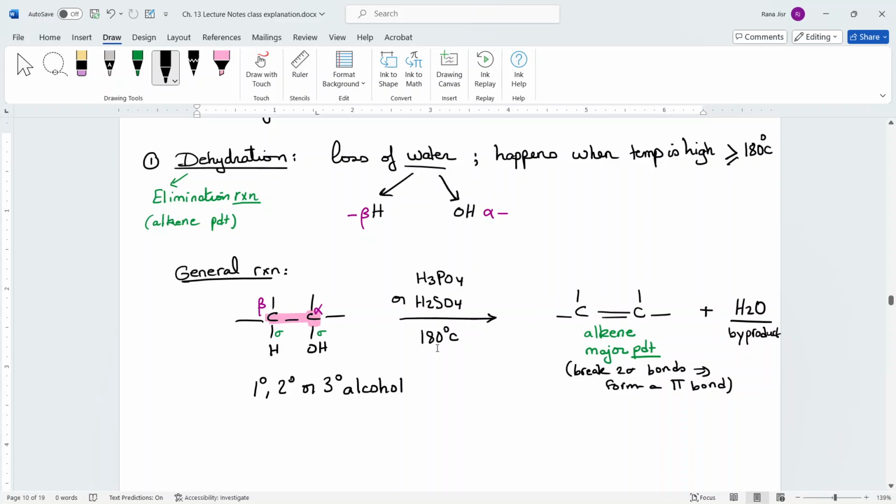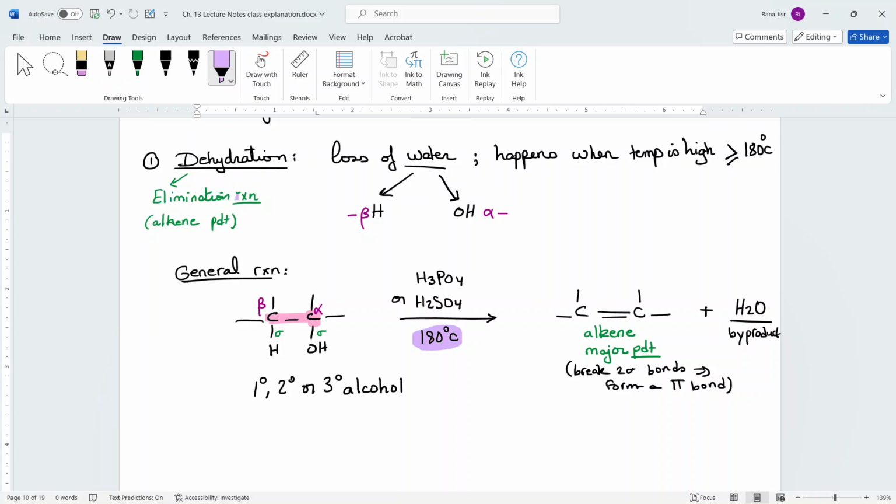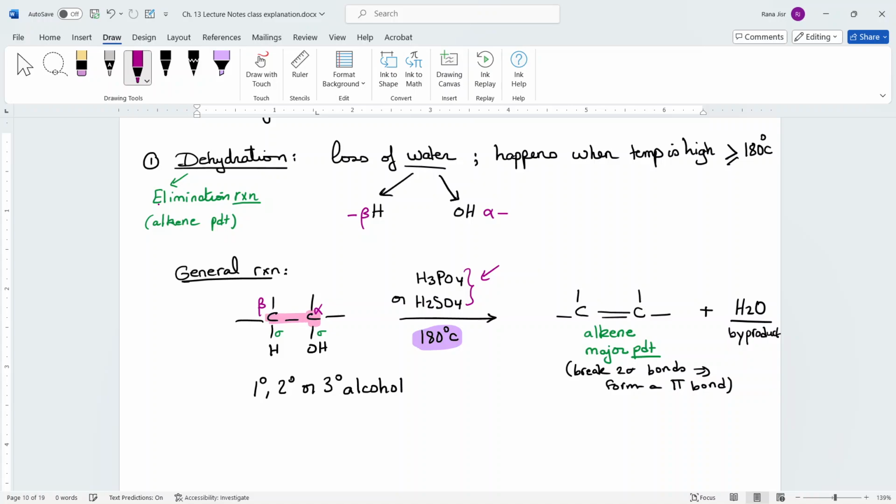Also, the temperature plays a very important role in this reaction. The temperature has to be high. The temperature that we're looking for is 180 degrees. The reaction does not proceed without the acid. So the acid in this reaction is considered to be a catalyst, and it is a must for this reaction to happen.